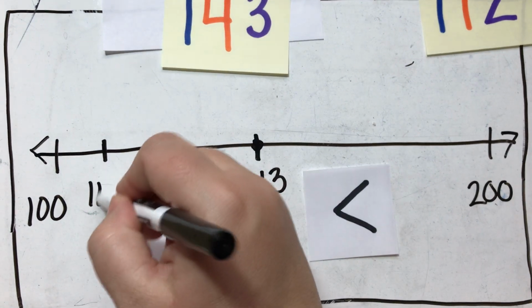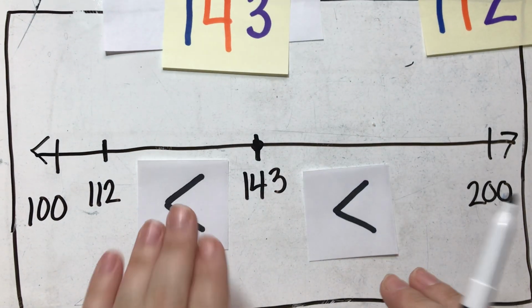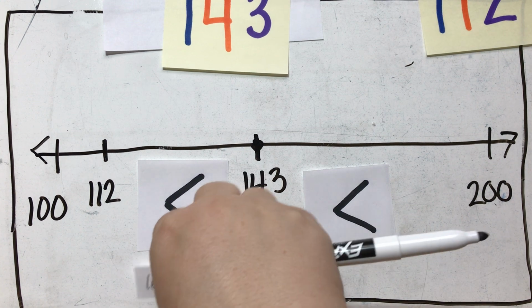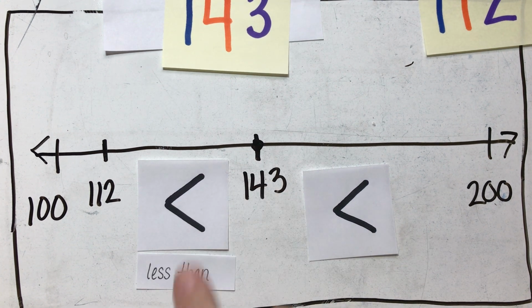I would say that is 112. And then right here we get our equation right off the number line. We can see 112 is less than 143.